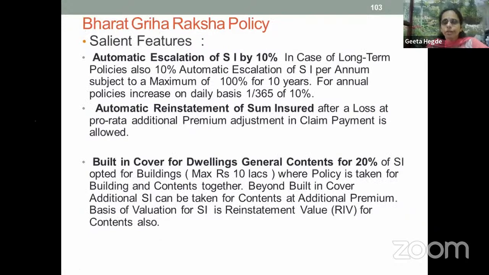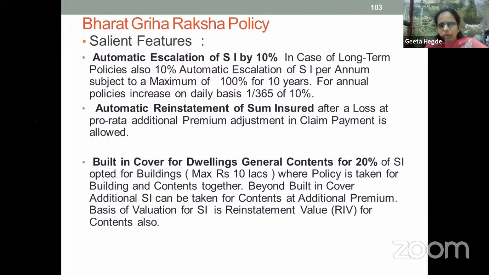Automatic escalation of sum insured by 10%. I think somebody has asked what is the difference between escalation and reinstatement. Now, escalation, you're permitting escalation under the policy so that your sum insured goes on increasing by certain percent.